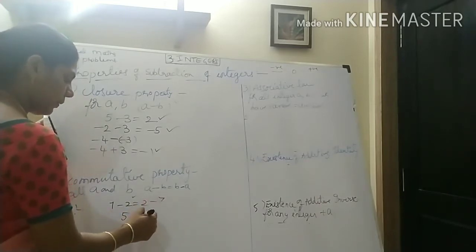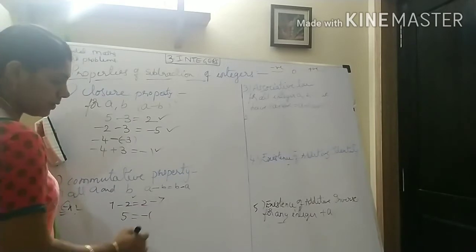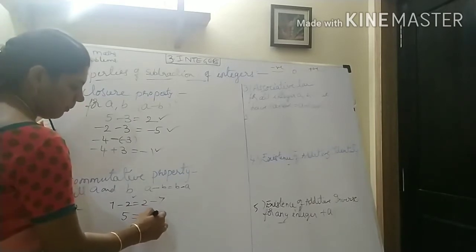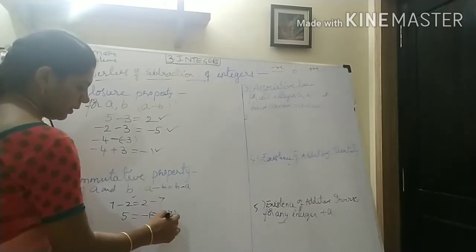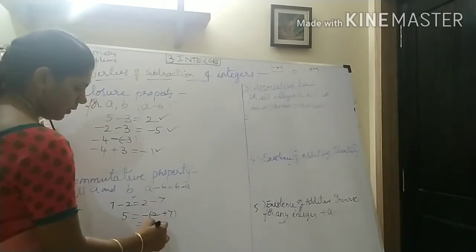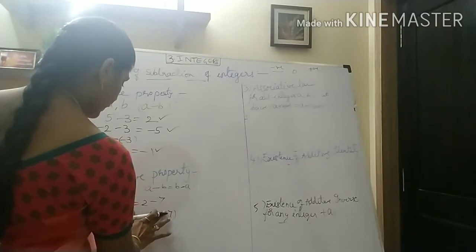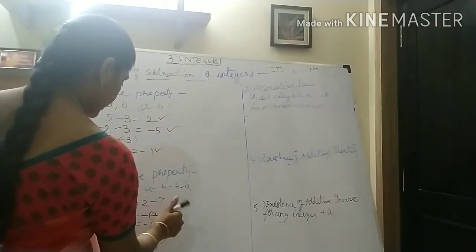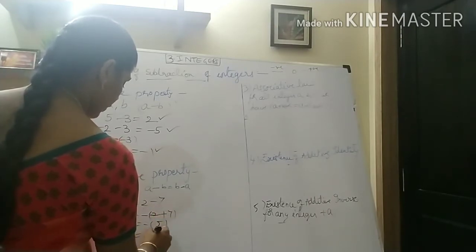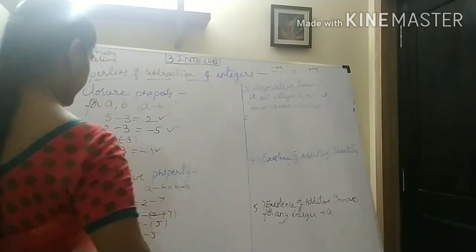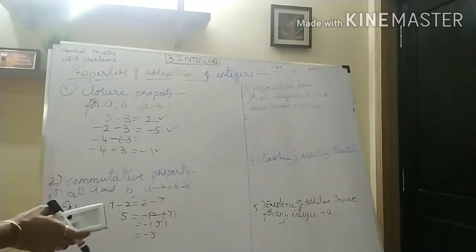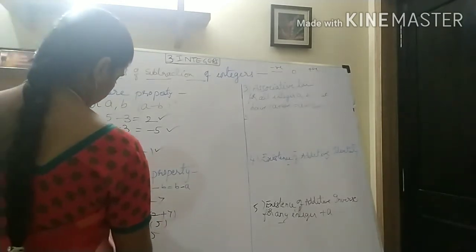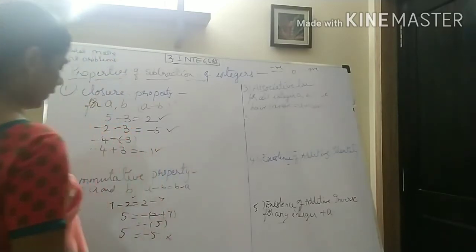Here 2 minus 7, if you take minus as common, this will become minus, and this will become plus. 7 minus 2 is 5, so you will get plus 5, but here we are getting minus 5. 7 minus 2 and 2 minus 7, so both are not equal here.